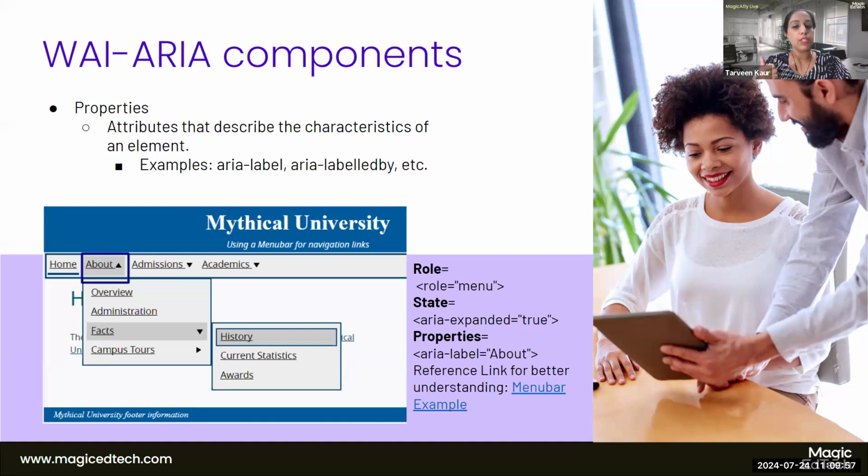So it will give you information, role is menu, ARIA expanded state is true. And what is the property, which is ARIA label? What is the ARIA label? It is about. So I get information, I'm at about, which is one of the menu item, and it is in expanded state. So it gets very easy for me to understand and go through the navigation through screen reader with ease.